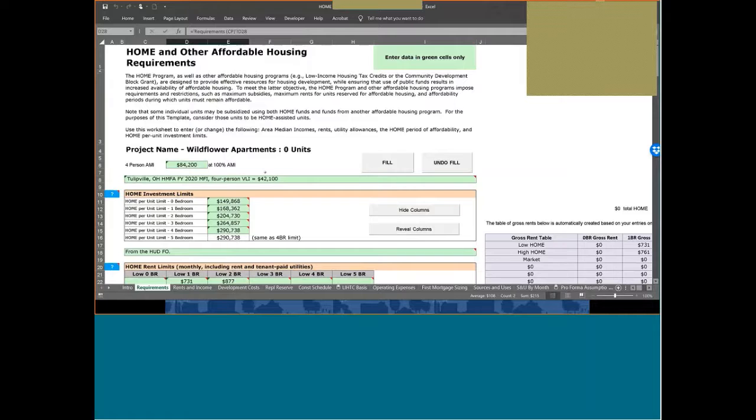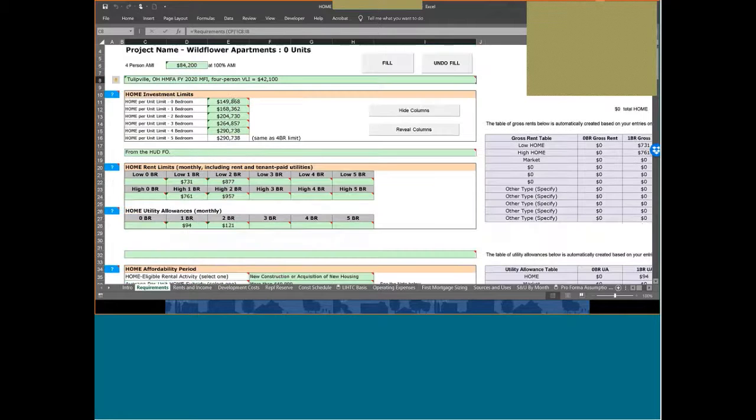In this case, what we've done is we've basically indicated what the AMI is, where we've got that information. As an underwriter, we've used the comment box to fill out the information, what the HOME investment limits are that we got from the HOME field of the HUD field office, and what the HOME rent limits are.